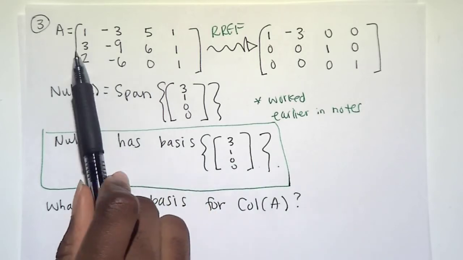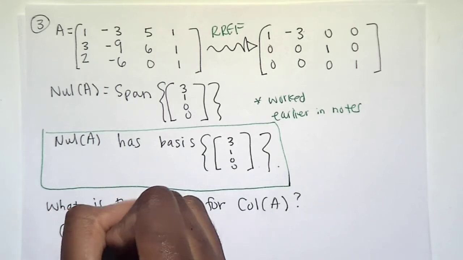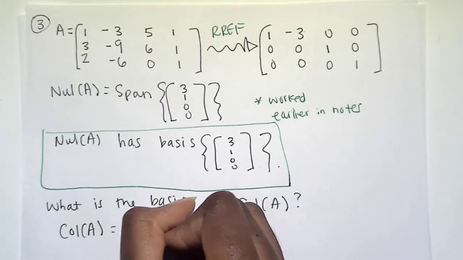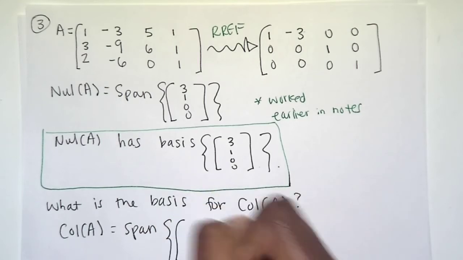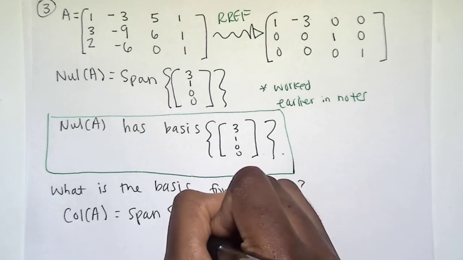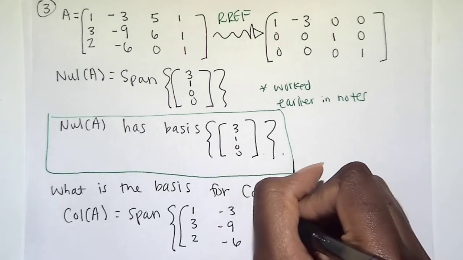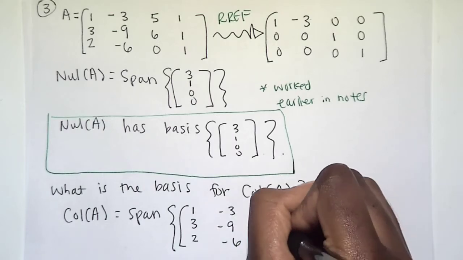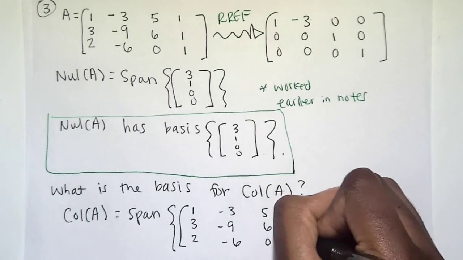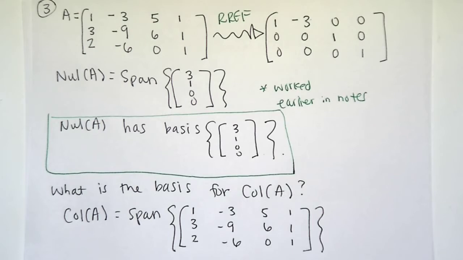It's just the span of all of the columns of A. So our column space, I'm going to write all of that out. This is the column space, and we want to find a basis for this.